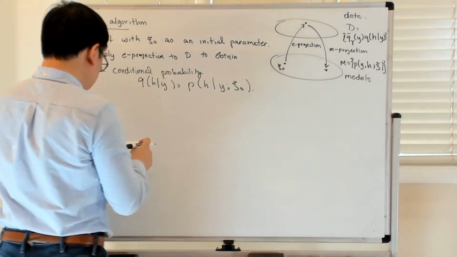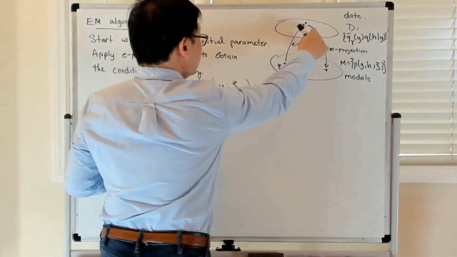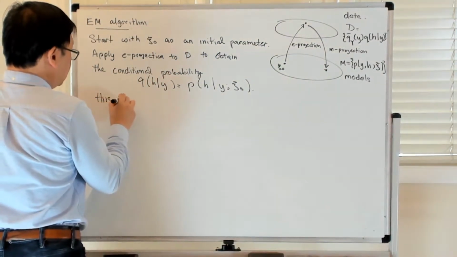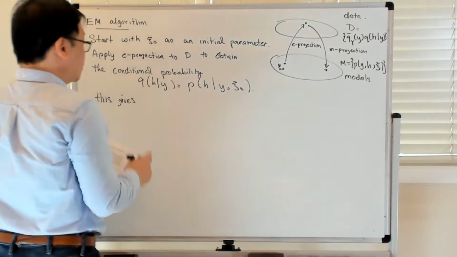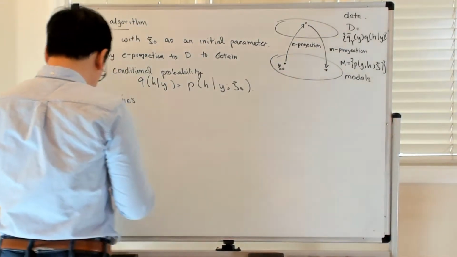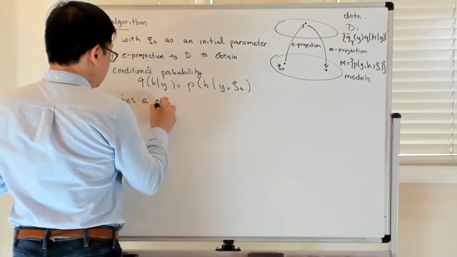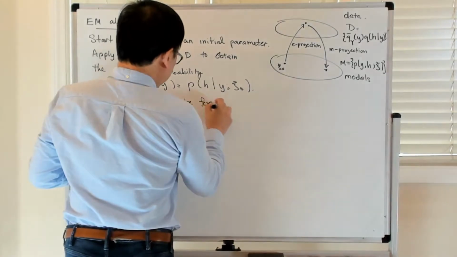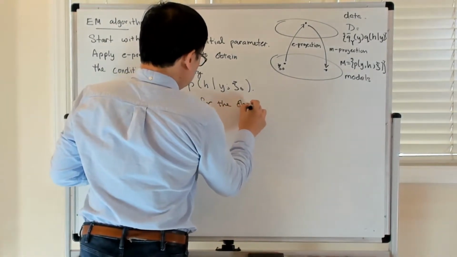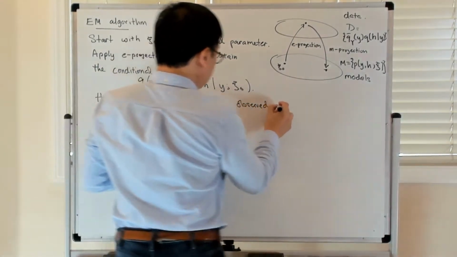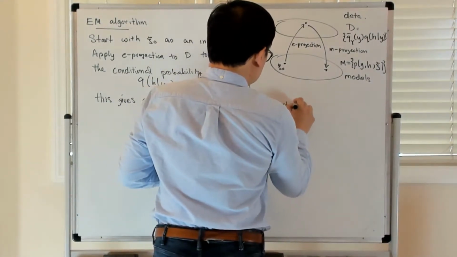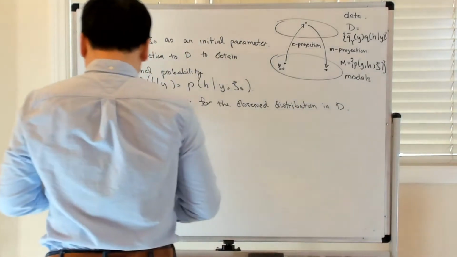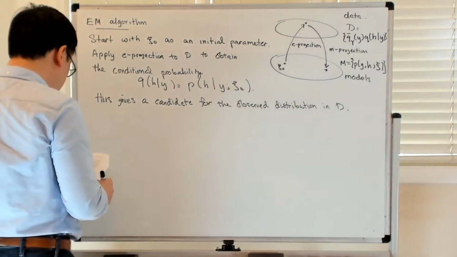So this determines a candidate for the observed distribution in D, right?